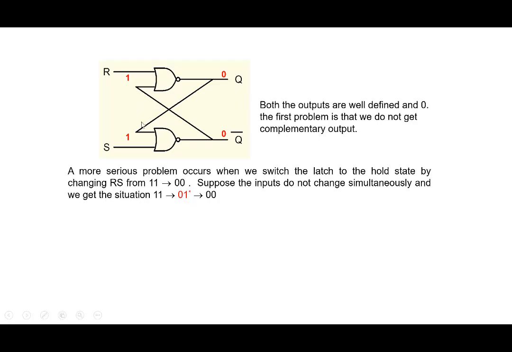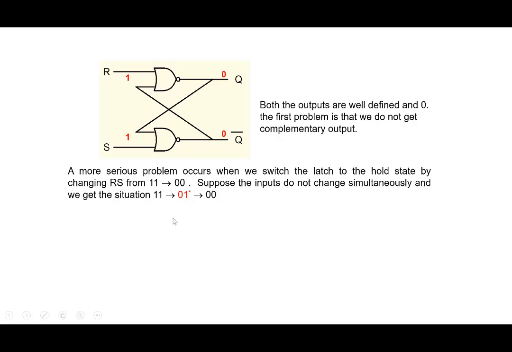For example, let's say you go from 1 1 to 0 0, and note that this R and S can come from some preceding gates, and they may not change simultaneously. So you go from 1 1 to 0 0, but the first bit immediately changes to 0, while the other bit takes a little bit of time because of a delay, so it stays at 1, and after that delay it goes to 0, right?